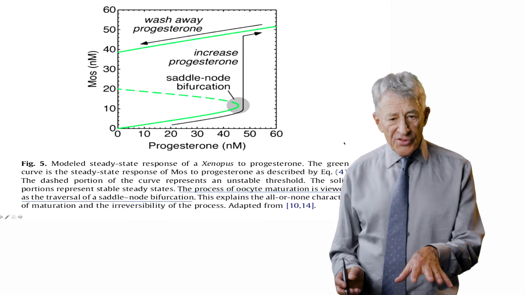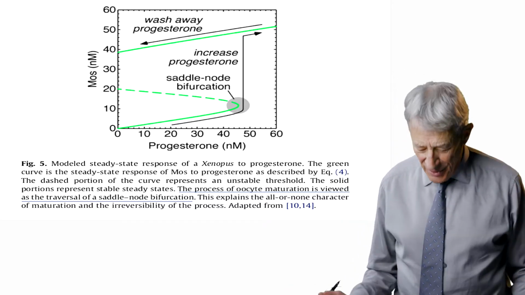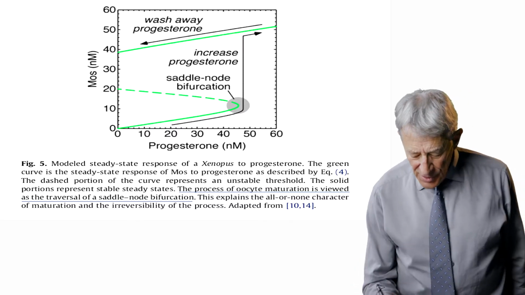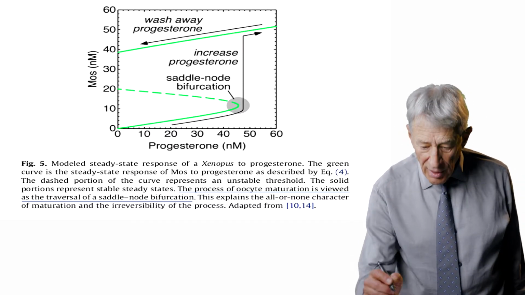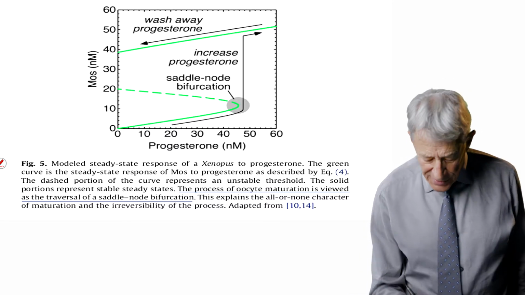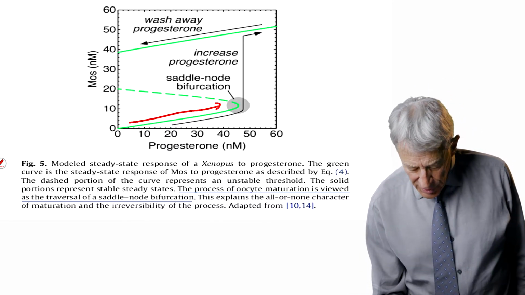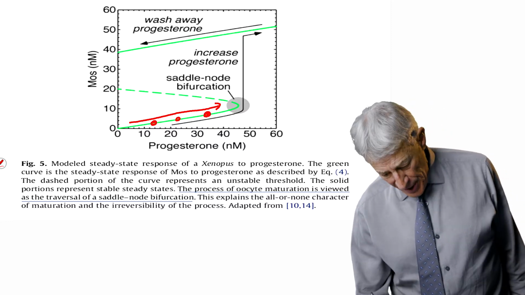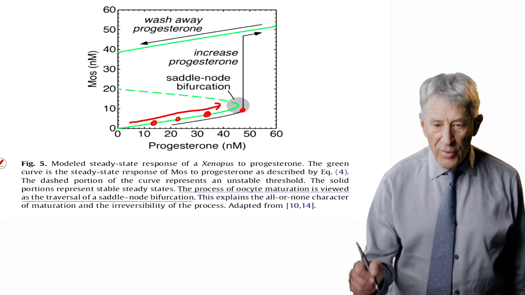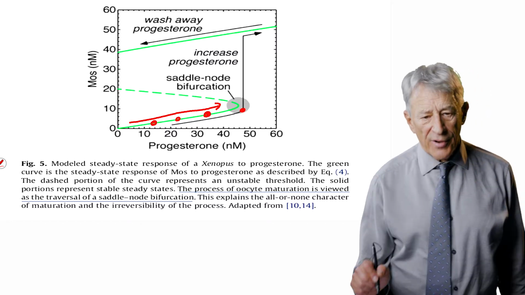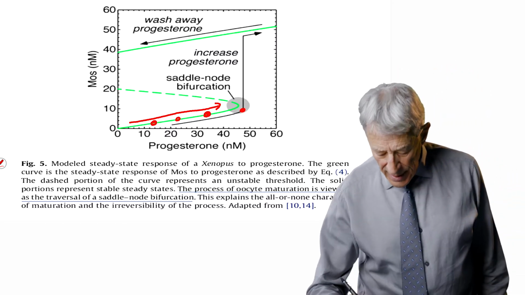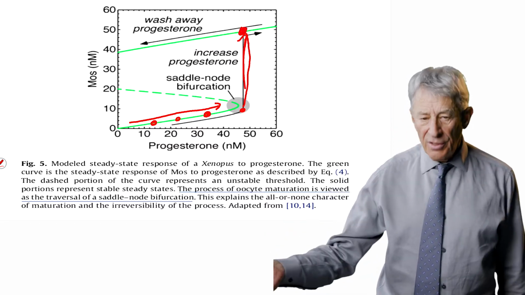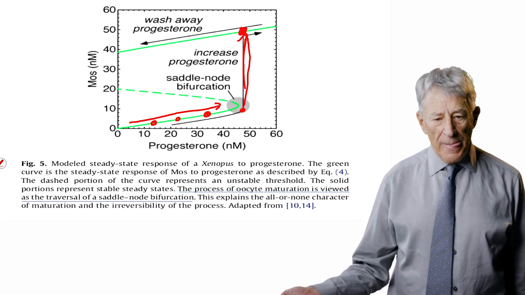He draws a very clear saddle node bifurcation and labels it for you. So the increasing progesterone, just as always, you stay at the low state, stay at the low state, stay at the low state until it reaches a point where there is no stable equilibrium down there anymore, and now you have to go up to the other equilibrium branch, which is the mature state.